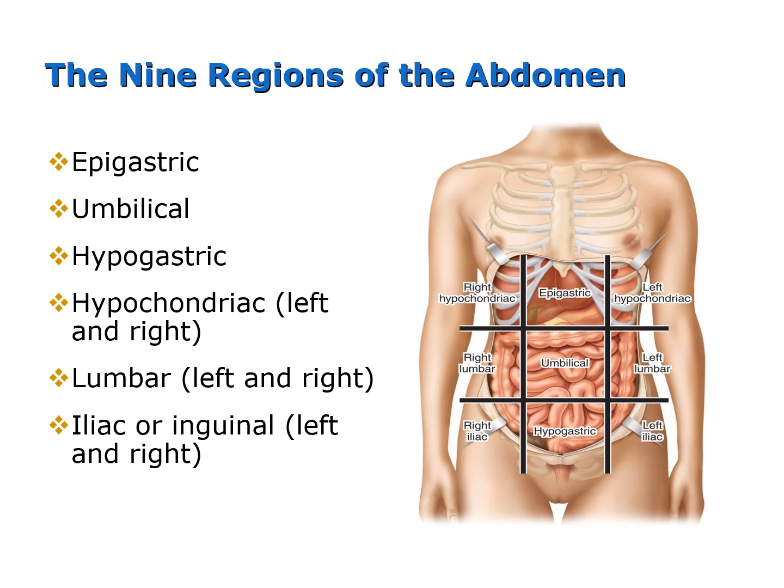We have a right lumbar and a left lumbar area where we have the ascending colon on the right side and the descending colon on the left side. And for the lower part, we'll have in the middle the hypogastric area that will be the projection of the uterus in females and the urinary bladder for both genders.